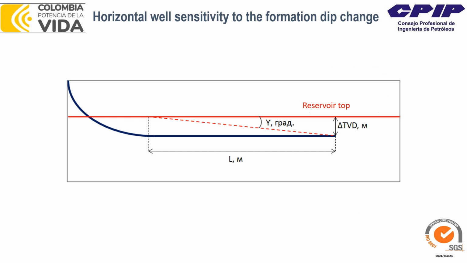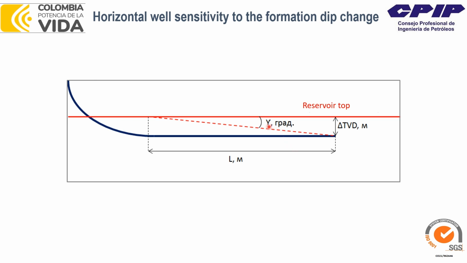To better understand how sensitive a horizontal well is to any changes in formation depth, let's do a little research here. So for example, let's make the parameters. This red line is our reservoir top. This is our horizontal trajectory. L is the length of the horizontal section in meters.